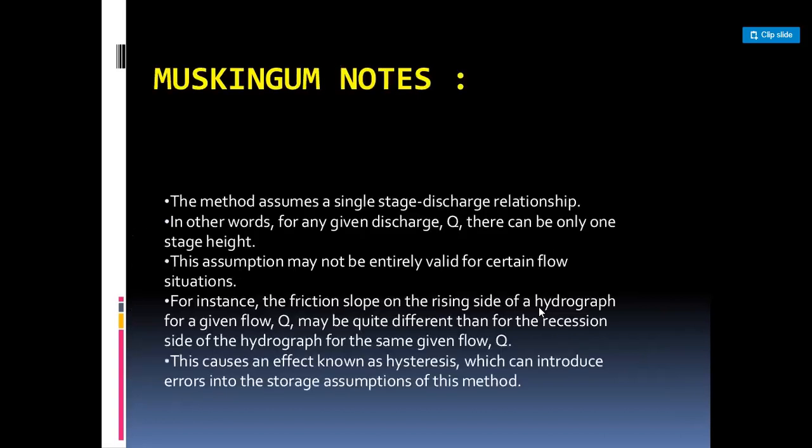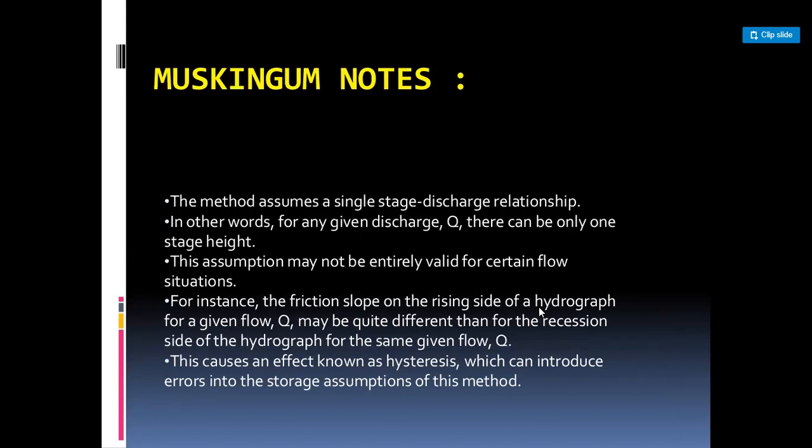And Muskingum. The method assumes a single stage discharge relationship. In other words, for any given discharge Q, there can be only one stage height. This assumption may not be entirely valid for certain flow situations.